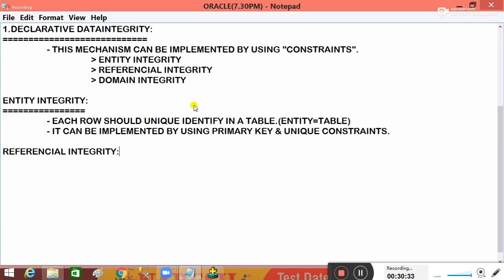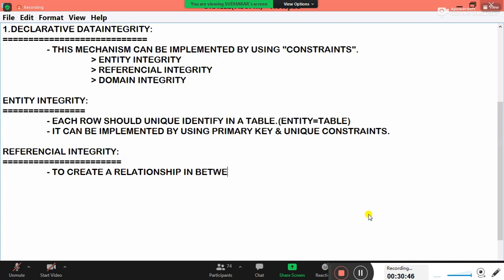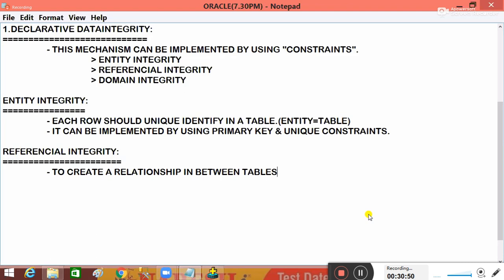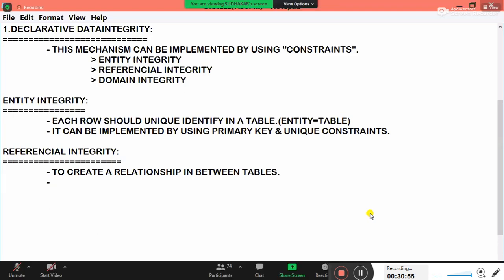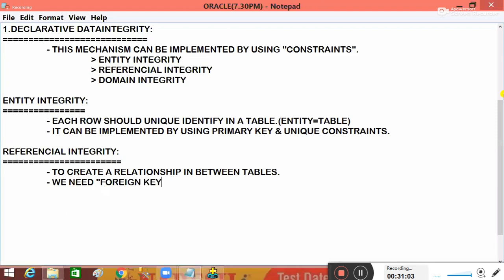What does referential integrity mean? Referential integrity is nothing but creating a relationship between tables. For this implementation purpose, we need a foreign key constraint.